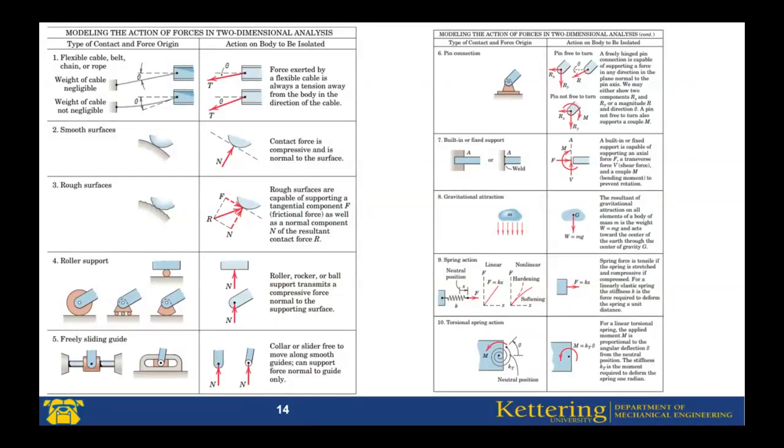Please review all of them. This is an important one in my lecture. If you cannot draw the free body diagram, you cannot solve the problem completely. You have to know how to draw a free body diagram.